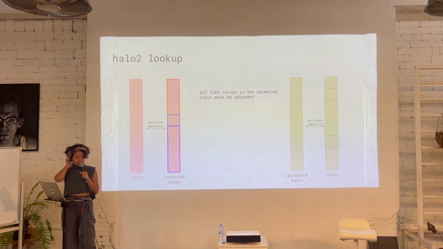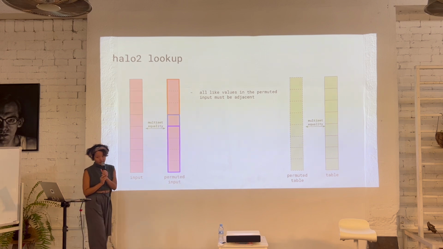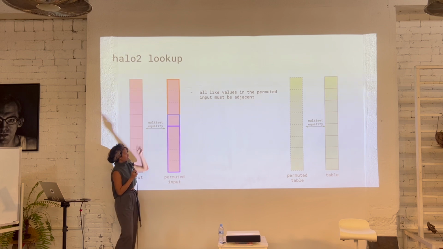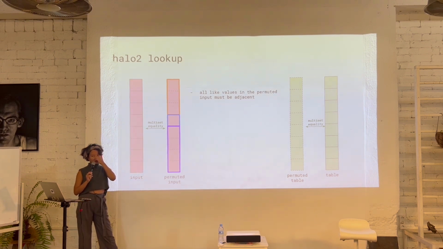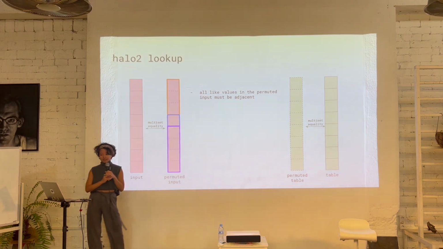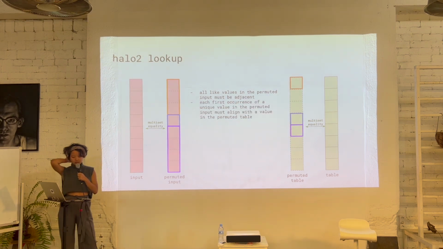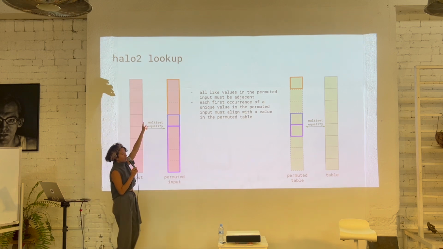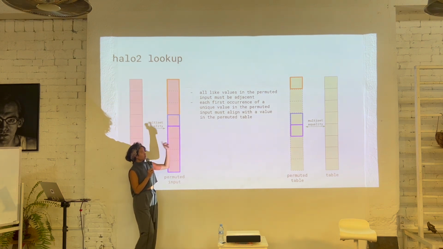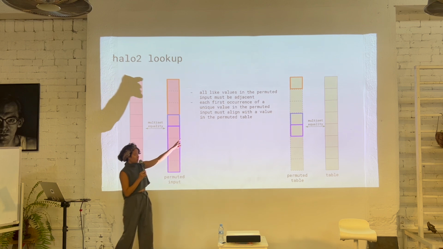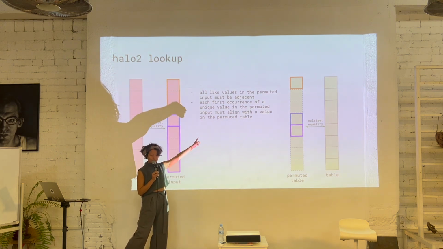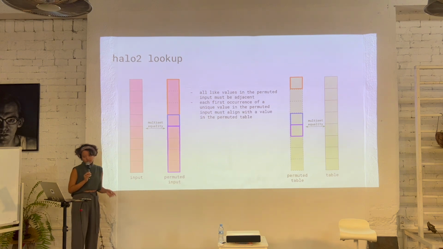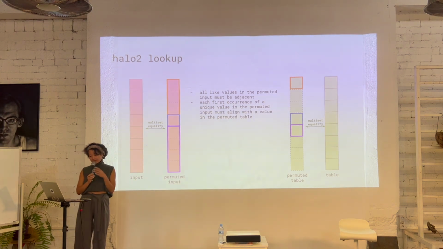In particular, we permute the input such that all like values are arranged in adjacent, contiguous chunks. Then we permute the table such that the first occurrence of each unique input aligns with that same value in the table. Besides these rules, I don't care how you arrange the rest of the values.